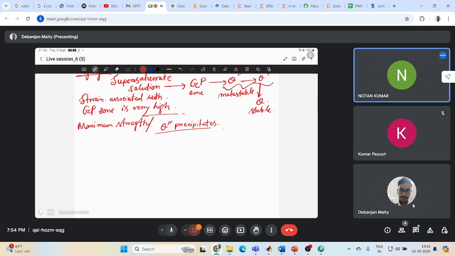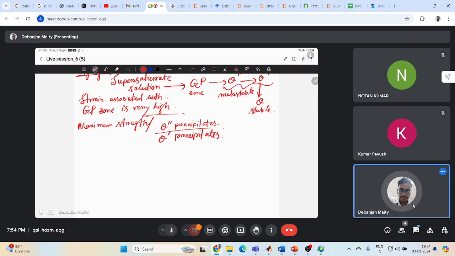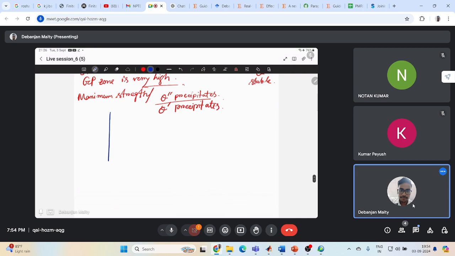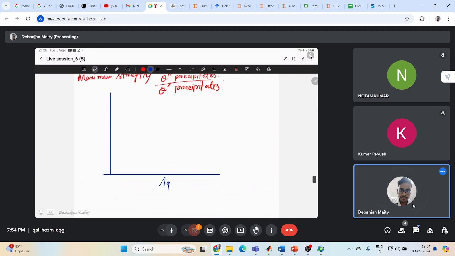Okay. So as you are telling, in the GP2 region there will be the maximum hardness or strength. Also some contribution can be from the theta precipitate. But yes, if you see in terms of graphs, it will look something like this. So let's say this is aging time and this is hardness.